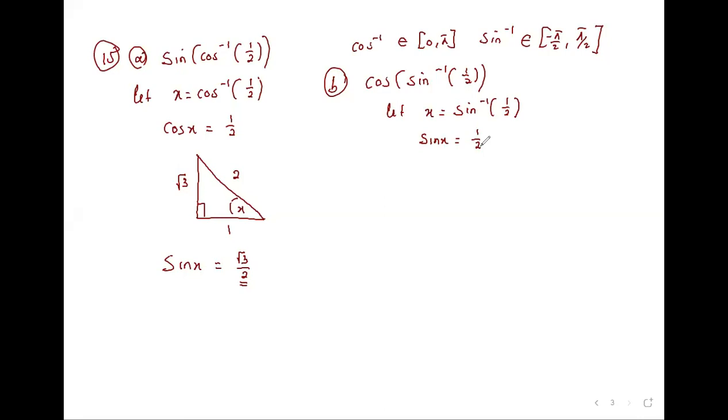So the triangle, 1 over 2 for this side, then the other side becomes root 3 now. And then we want cos x, which is going to be root 3 over 2.